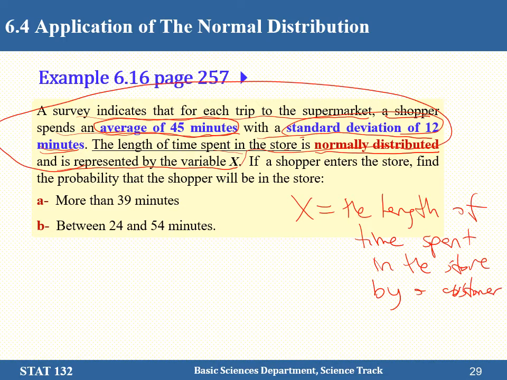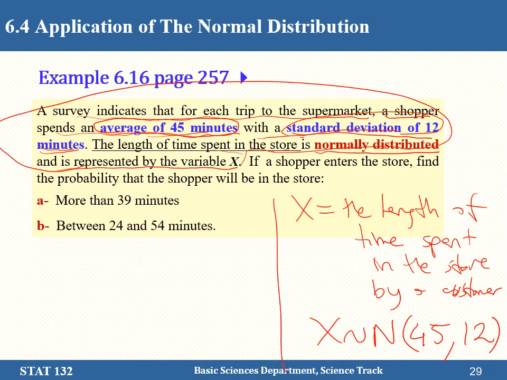And what does it say? It's normally distributed. And what is the average? It's 45, so the mean will be 45, and standard deviation is 12. These are given to us.